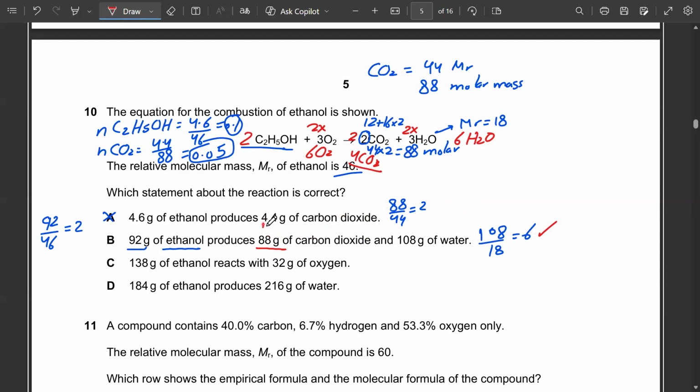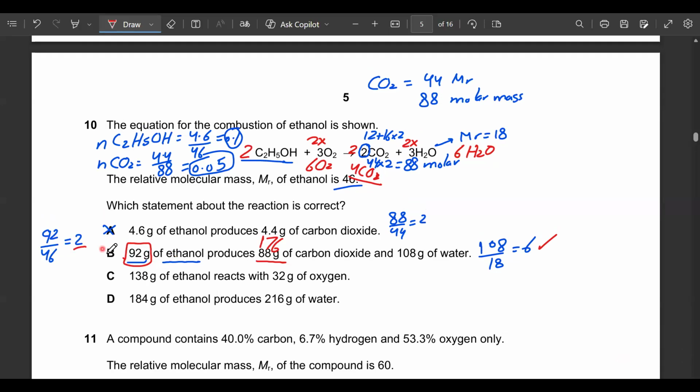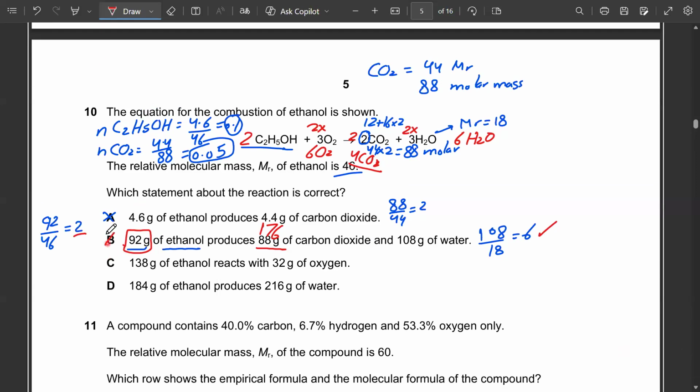So carbon dioxide mass should be 176 instead of 88 grams. We have decided this by considering 92 gram because 92 gram was equivalent to 2 moles. So this indicates that B is also not the correct option.